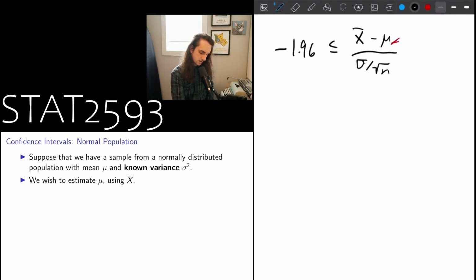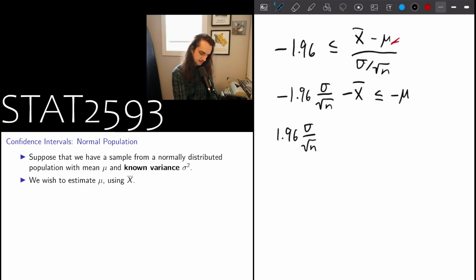We can bring over just about everything to the other side, and so you're going to get 1.96 times the denominator. Then if we subtract off x bar, it's going to be less than or equal to negative mu, multiplied by negative 1, and we get 1.96 sigma over root n plus x bar has to be greater than or equal to mu.